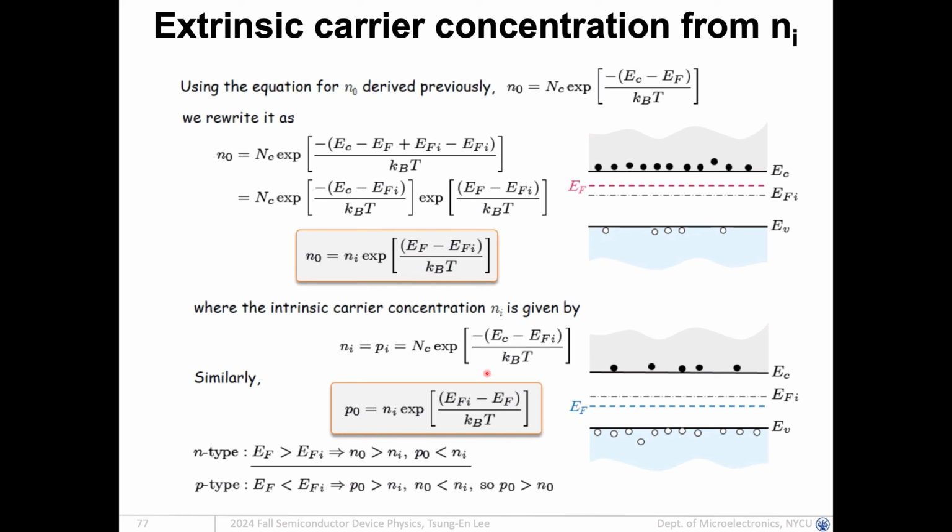I will not go through the details, but you can understand that if the Fermi level is close to the conduction band, far from the intrinsic Fermi level, then the electron carrier concentration is increasing. And if it is far from the conduction band and close to the intrinsic Fermi level, that means the electron carrier concentration becomes lower. The direction is opposite, but the concept is the same for holes.